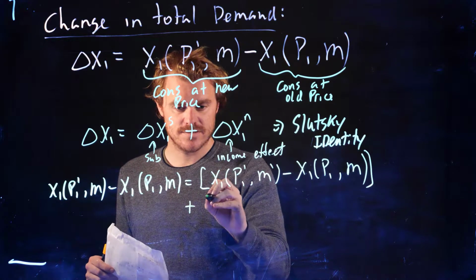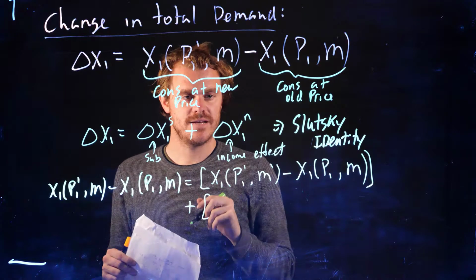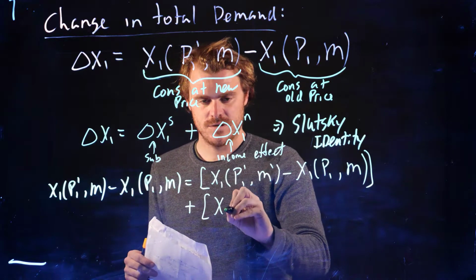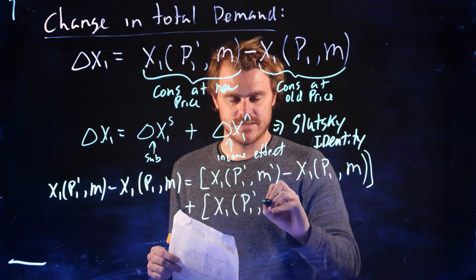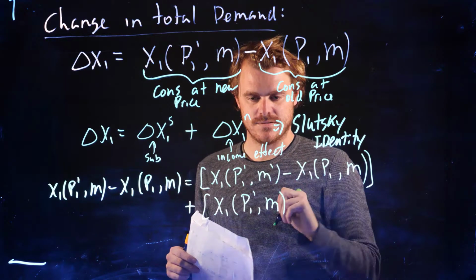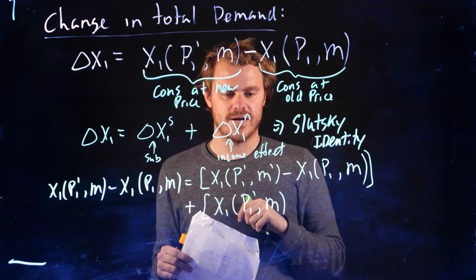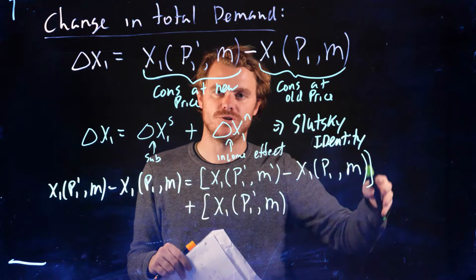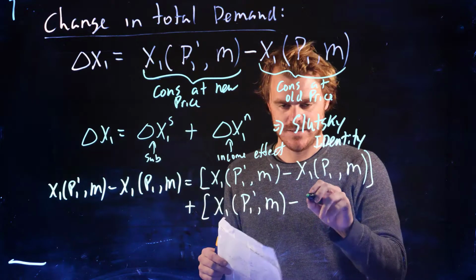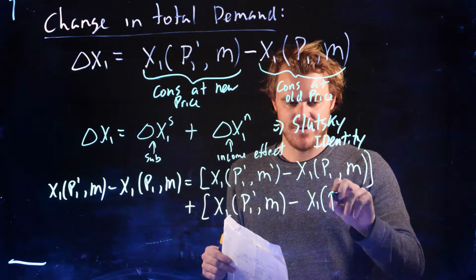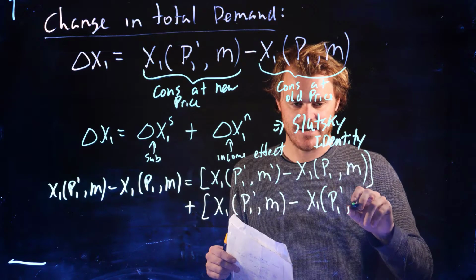Plus the income effect, which is X1 at the new prices and original income, so whatever the actual new demand is, minus the demand at the new prices and the compensated income.